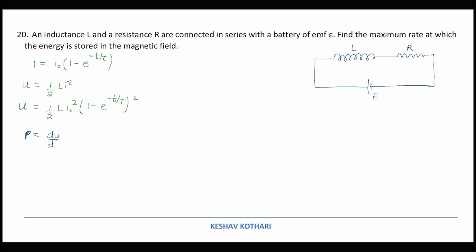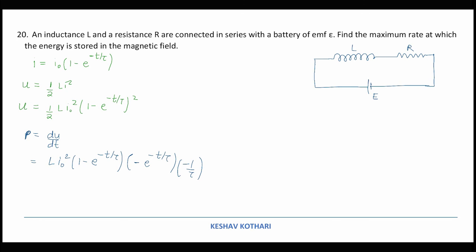If we differentiate this term with respect to time, we will obtain L I naught square (1 minus e to the power minus t by tau). That is, we have taken down the power and reduced it by one. And then if we differentiate the term in between, we will be left with minus e to the power minus t by tau, and then minus 1 by tau.